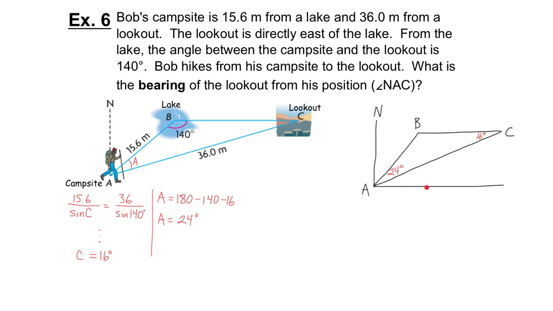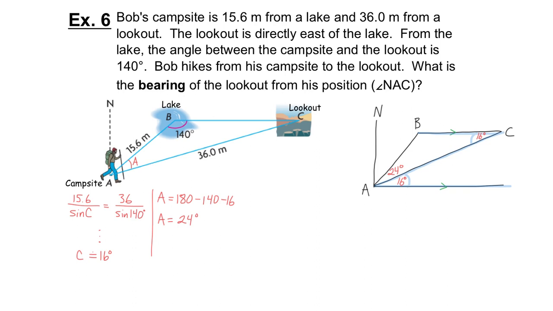Now, if I drew another line here that's exactly east from the north line, that means this line is parallel with this line. You may or may not recall when we're dealing with parallel lines, we have these different patterns. Here I'm highlighting a Z pattern, which means that these alternate angles are equal.